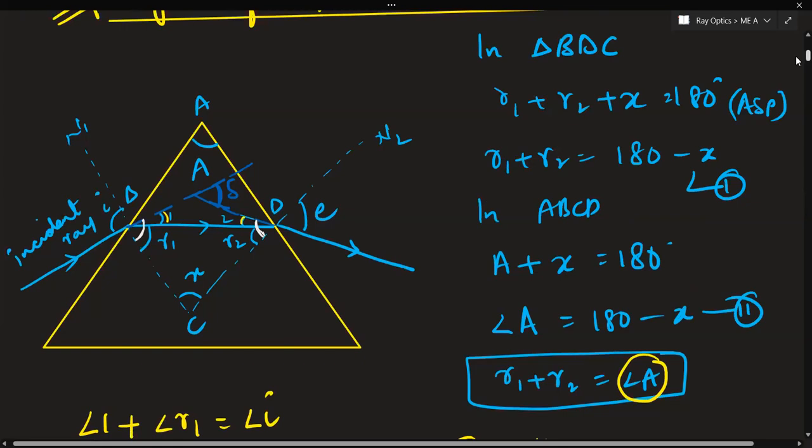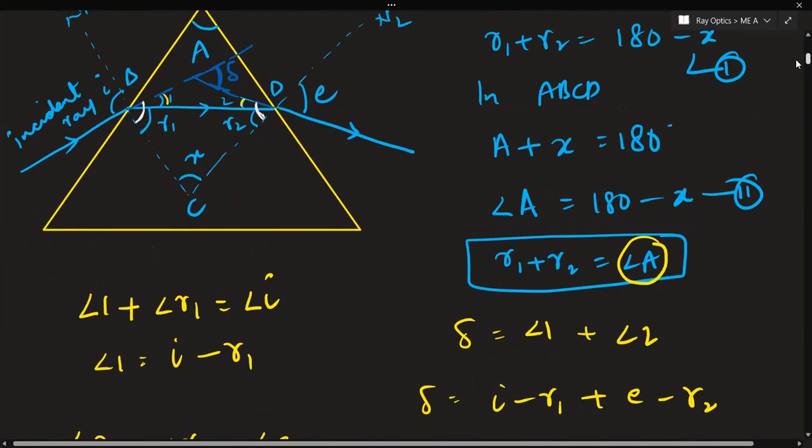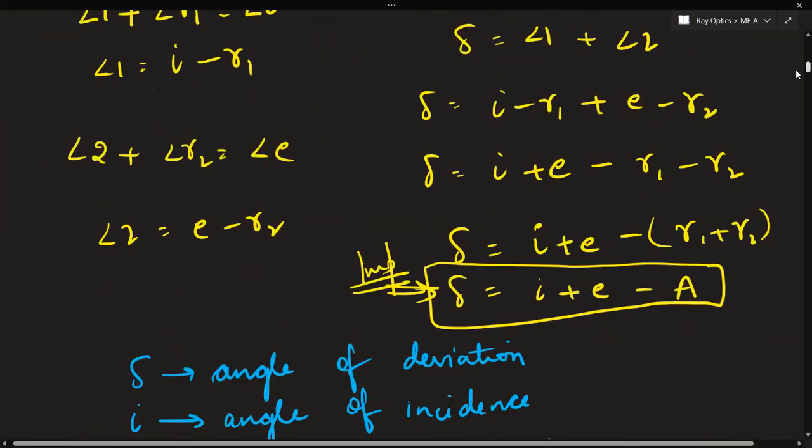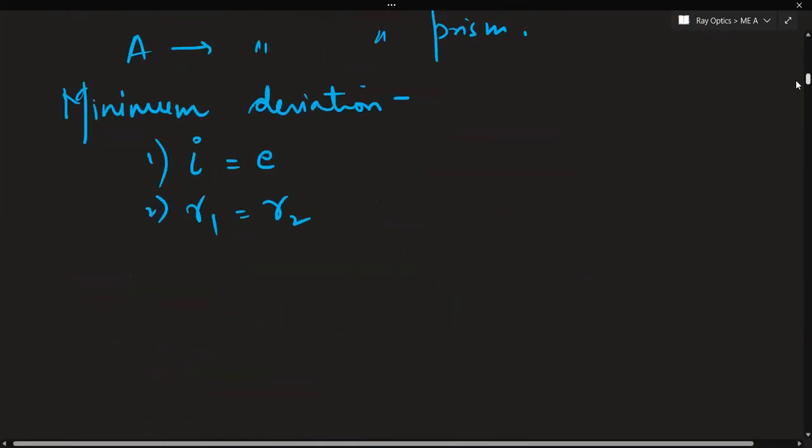When the incident ray varies, there will be different values of delta, the angle of deviation. But out of all those values, one will be the least value. Experimentally we can find that least value of deviation, but how can we calculate it mathematically? It is by these two conditions.